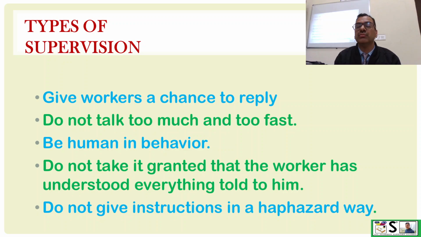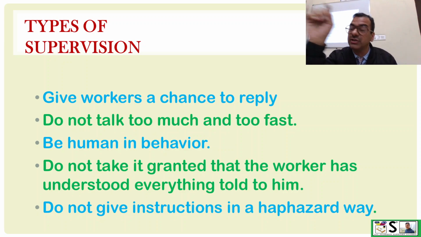Then be human in behavior. When you are discussing, when you are talking to subordinates, be human in behavior. Okay, your behavior should be good towards your subordinates. Do not take it for granted that the worker has understood everything told to them. If you are speaking to someone, you should not assume yourself that the subordinates have understood. Get some feedback from the clients on whether they have understood or not.